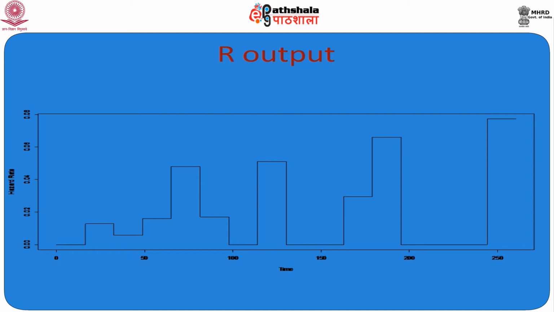So it's basically a bin-wise estimate of the hazard function. Again here time is given on the x-axis and hazard rate on the y-axis, and follow-ups are detailed here.